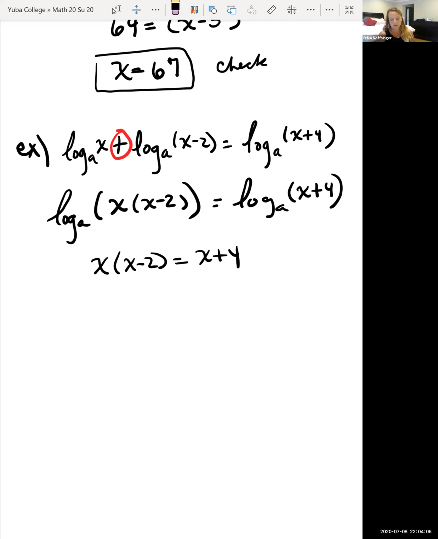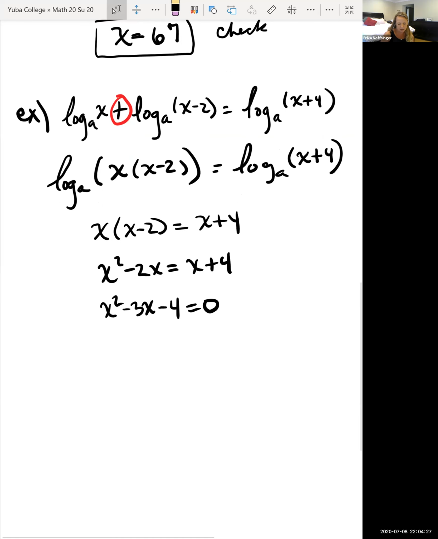So notice this is quadratic. Let's distribute. We have x squared minus 2x is equal to x plus 4. Quadratic, get everything to one side, subtract x. We have x squared minus 3x. Let's subtract 4 equals 0. Factor.